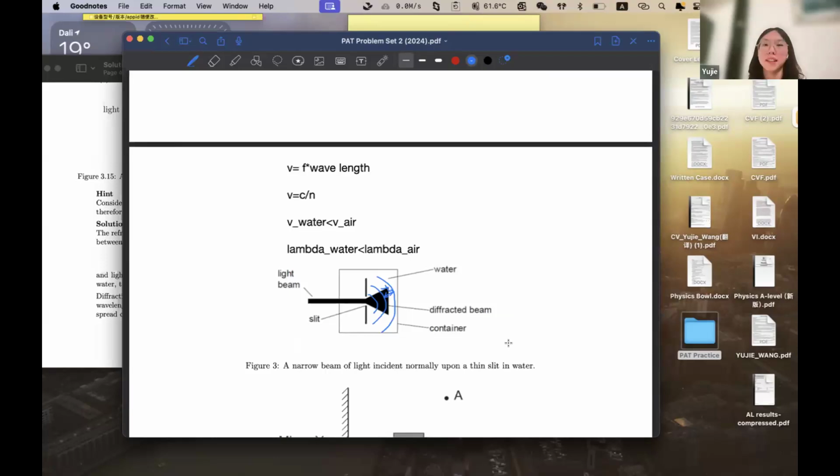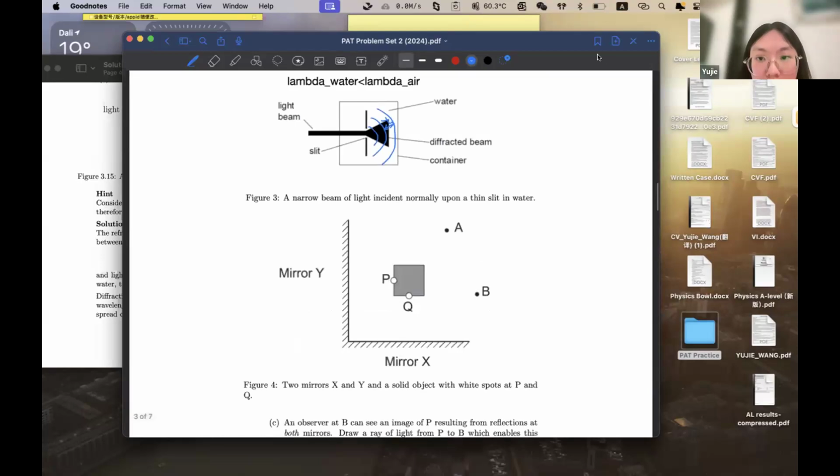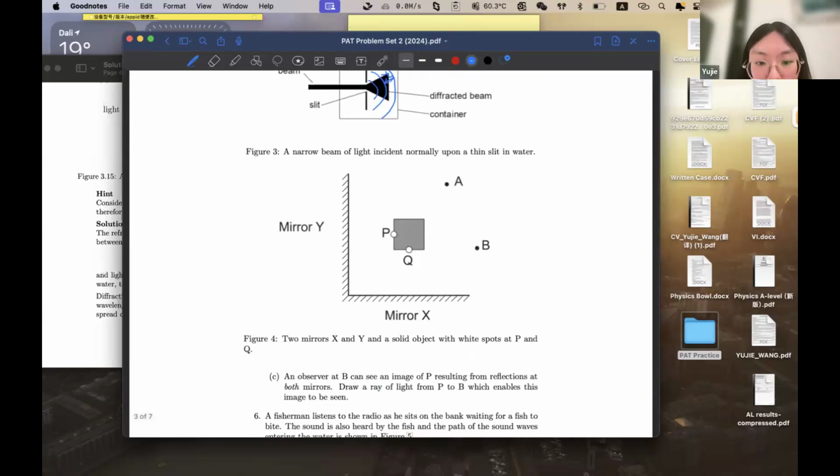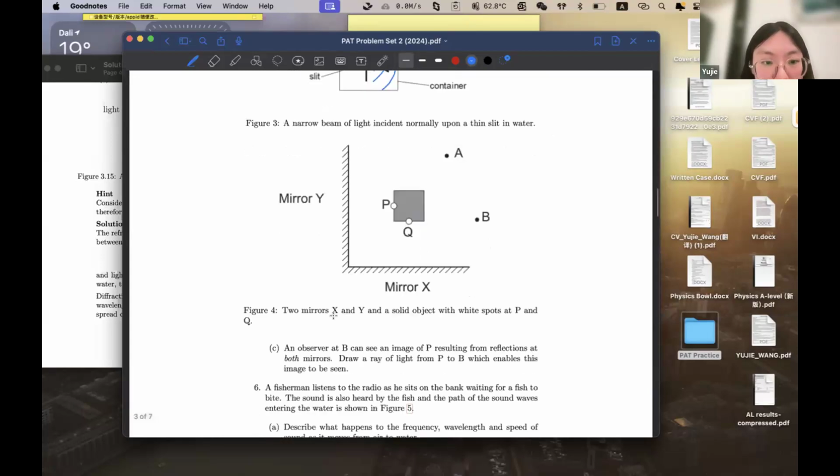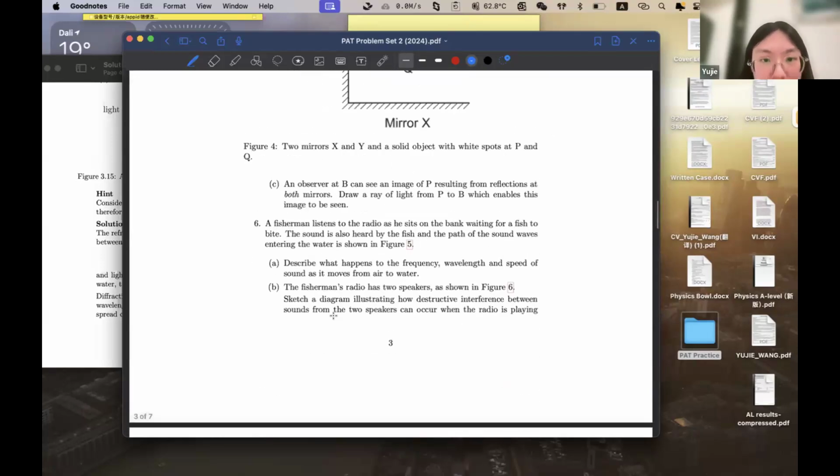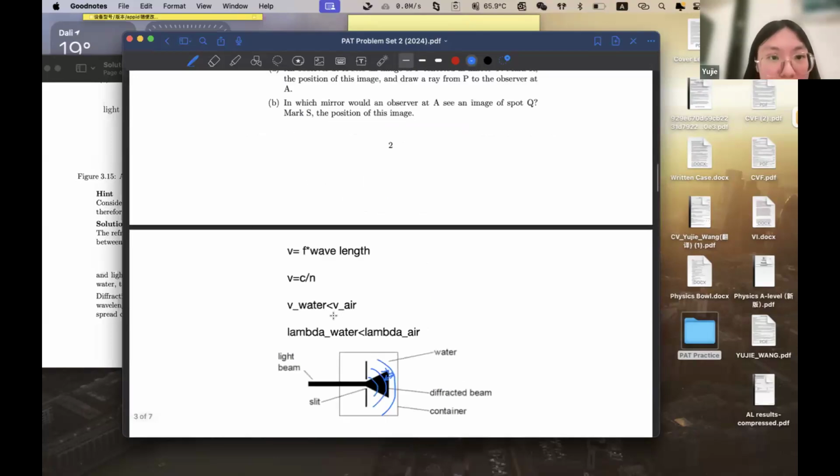Because when, let's say, a thin light travels through a different medium, its frequency doesn't change, but its speed and also the wavelength do. So let's continue to the next question.